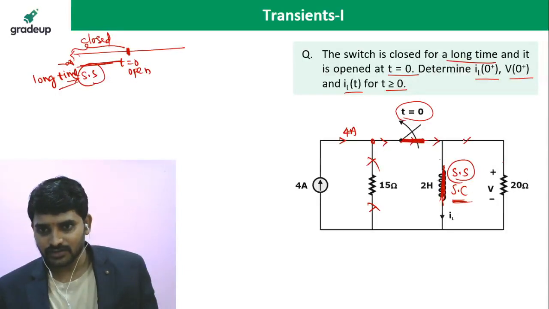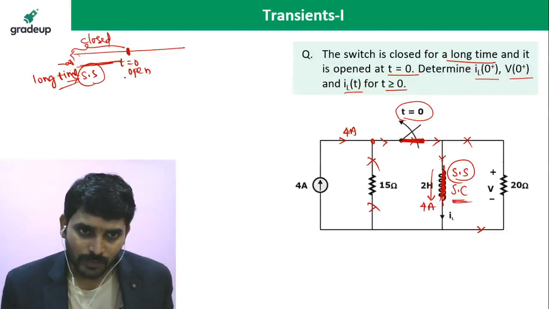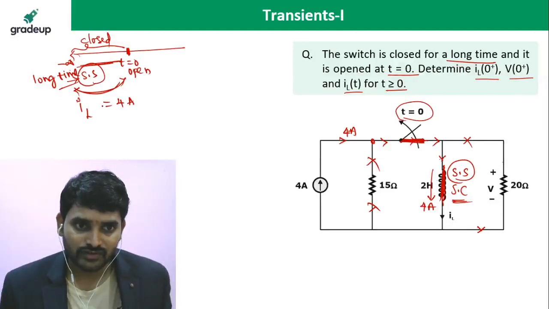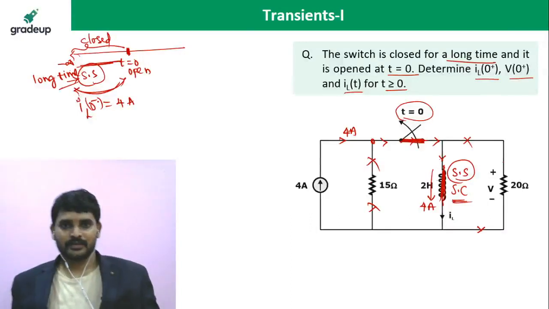Is there any current flow through this 20 ohms? No current flow. The entire 4 amperes will divert through the inductor. That means before opening the switch, the current through the inductor is 4 amperes. This is what we call the previous current or past current.